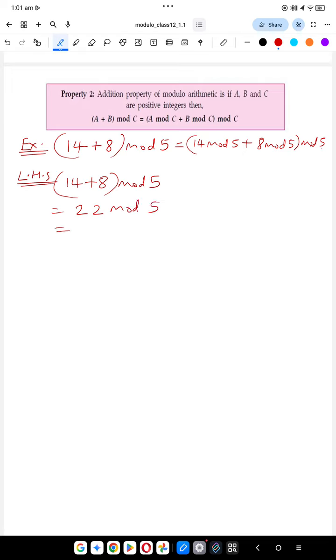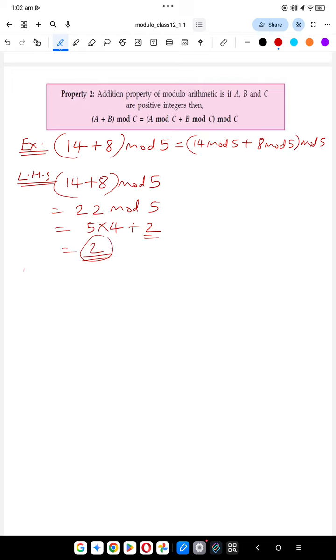And now our trick: 22 is positive, so we have to think of the very next number which is less than 22 and a multiple of 5. So this would be 5 into 4 plus 2, which will be 22. So we got our remainder as 2. So 2 is our remainder.